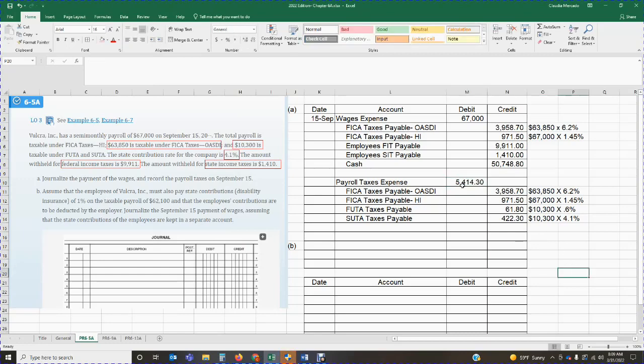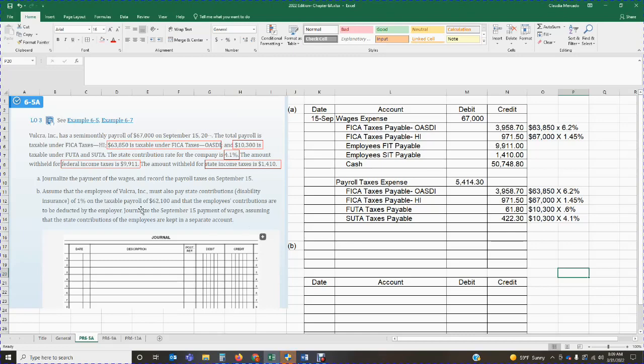These are the four taxes that the employer has to pay for having their employees work for them: OASDI, HI, FUTA, and SUTA. The top part is the amount that is being withheld from the employee's paychecks. The employee has to pay OASDI, HI, federal income tax, and state income tax. Okay, so those are the two entries for requirement A.